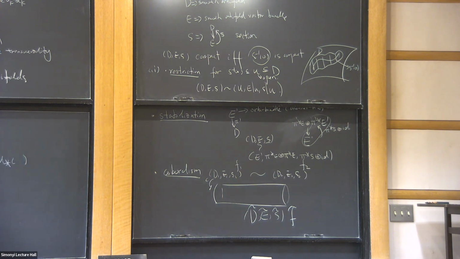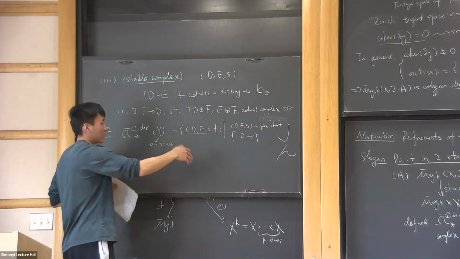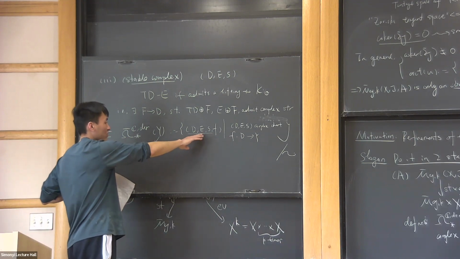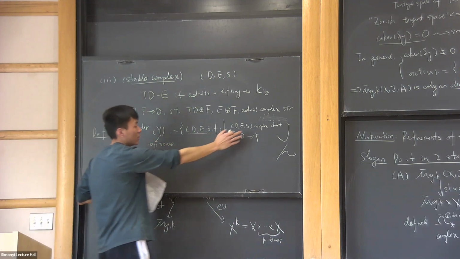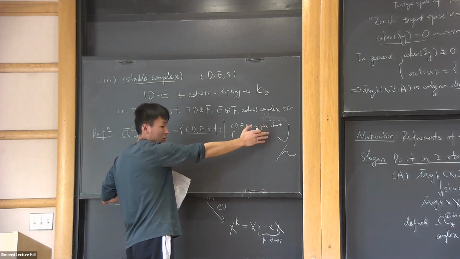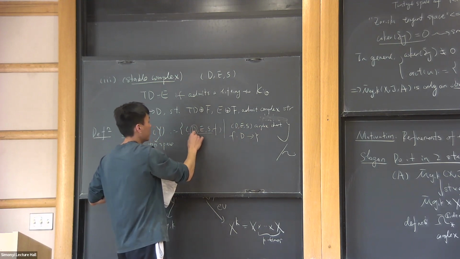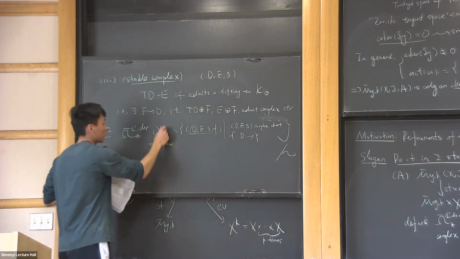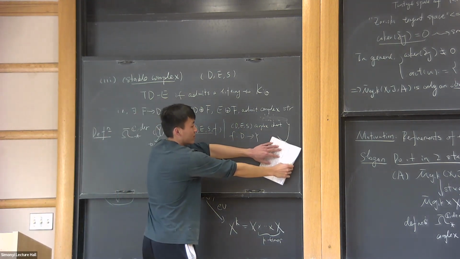Okay, so this is defined to be the equivalence class of tuples of the following form. The first three of them define a stable complex derived orbifold chart, and F is a continuous map from our ambient orbifold to the target topological space. So that's the set at this moment.